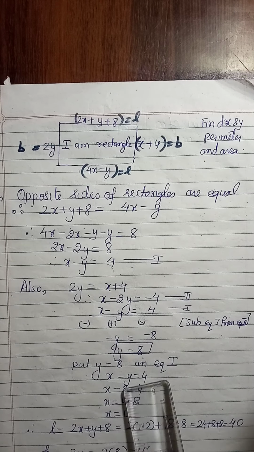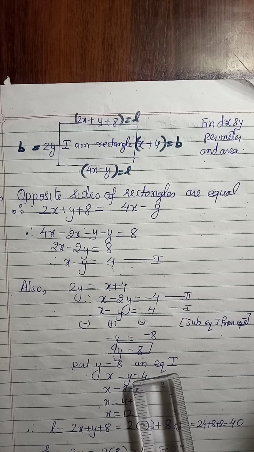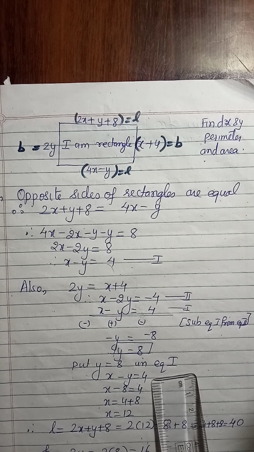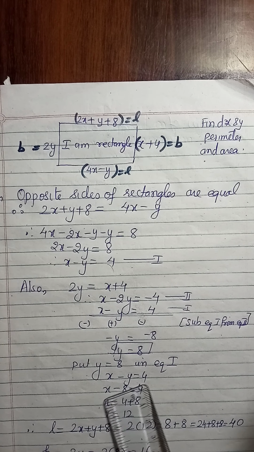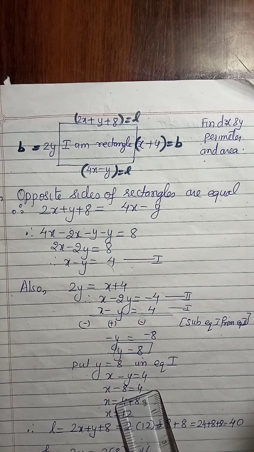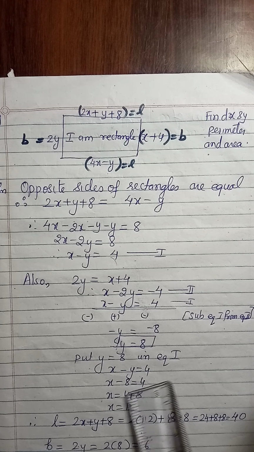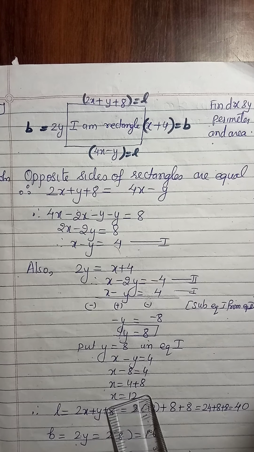Put y equals 8 in any of the equations, either 1 or 2, whichever is convenient. For me, convenient is equation 1, and therefore put the value of y equals 8 in equation 1. We get x minus y equals 4, x minus 8 equals 4.